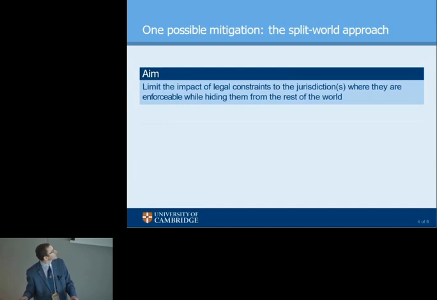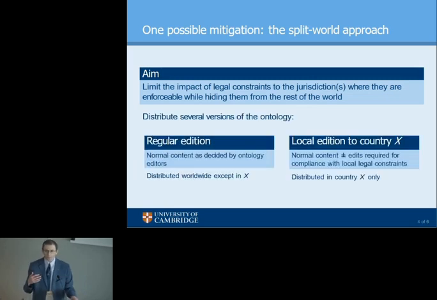One such mitigation is one that I call the split world approach. Basically, its aim is to at least limit the impact of censorship by preventing its spread outside of the jurisdiction where it is enforceable. There would be at least two distinct ways to do that, either by preparing two different versions of an ontology, a regular non-censored edition which can be distributed worldwide, and a compliant, aka censored, edition of the ontology distributed where it is required.